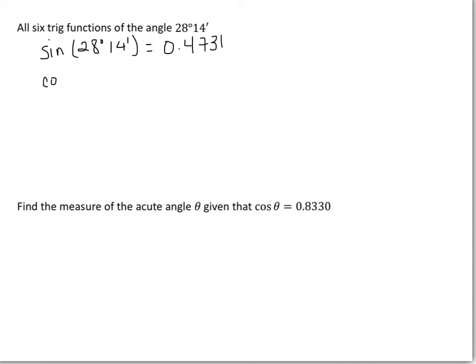For the next one, you'll type in cosine, 28 degrees, 14 minutes, and you'll get 0.8810. You'll type in the tangent, and you get 0.5369.